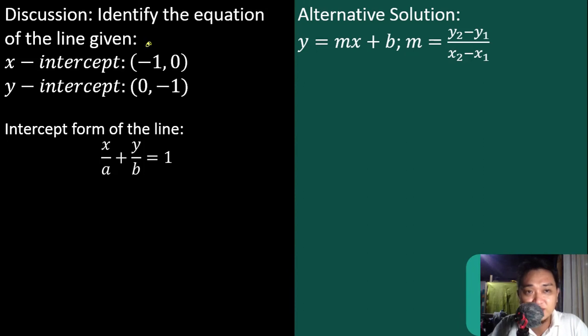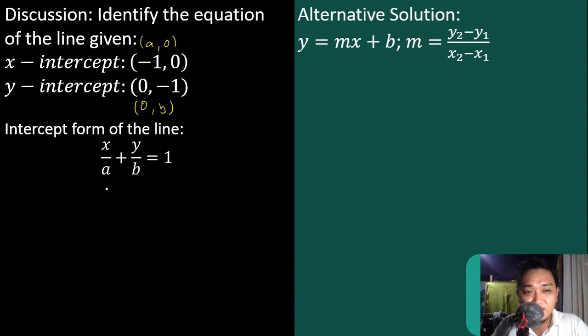This serves as your a, 0. And the coordinate of the y-intercept is 0, negative 1. This serves as our 0, b. So in short, the value of a is negative 1, and the value of b is also negative 1.